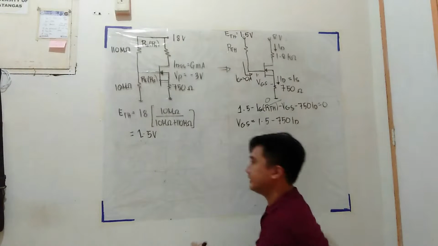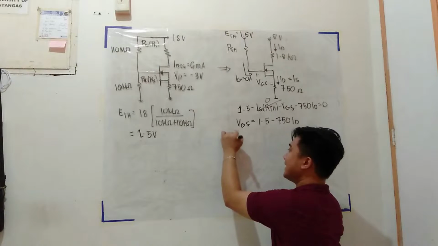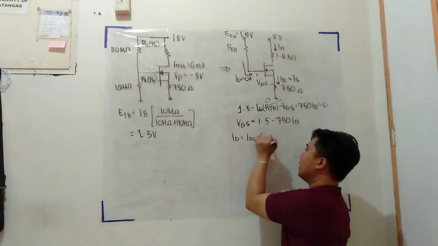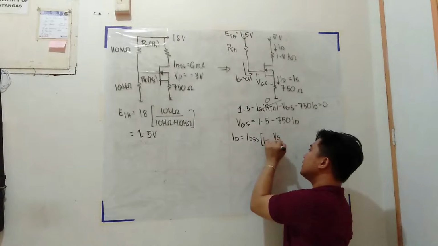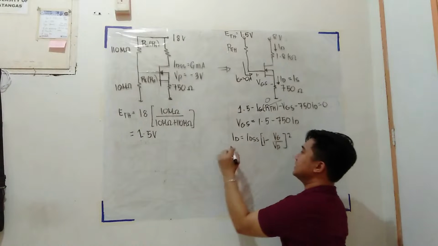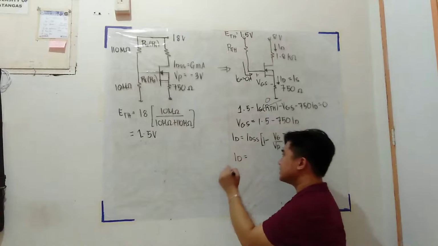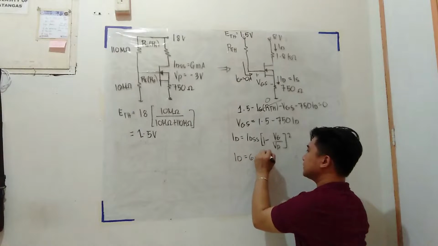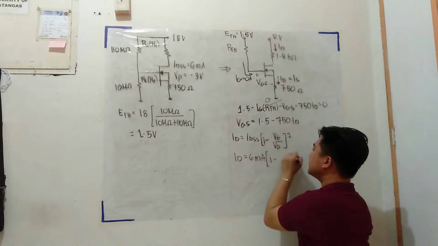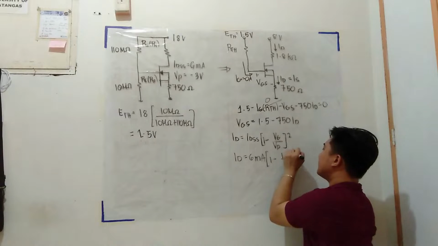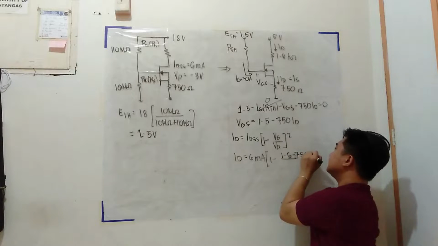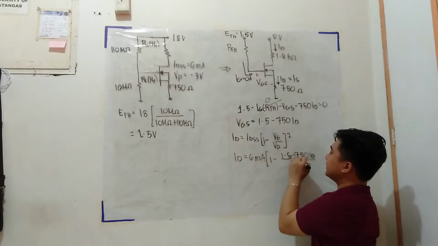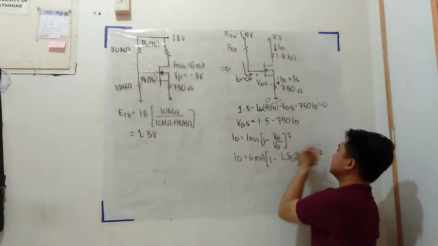Okay? And then using the Shockley's equation, ID is equal to IDSS times (1 minus VGS over VP) squared. So, ID here is equal to IDSS, which is 6 milliamperes, times (1 minus (1.5 minus 750 ID) all over negative 3) squared.